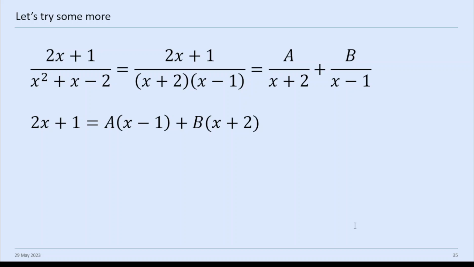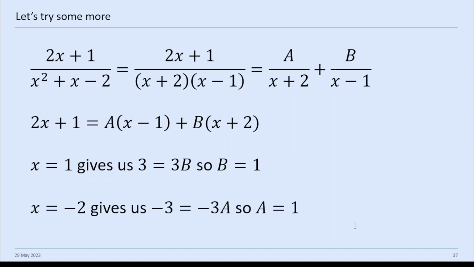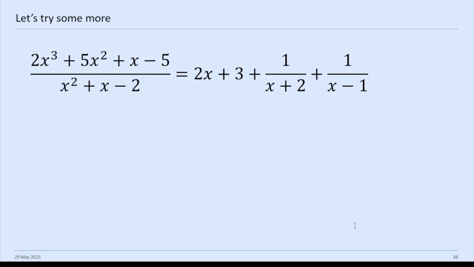So this comes out to 2x plus 1 equals a(x - 1) plus b(x + 2). Firstly, we put in x equals 1, which gives us that 3 on the left equals 3b, so b is 1. The next is we put in x equals minus 2, and then what we get is minus 3 on the left equals minus 3a, so again a equals 1.